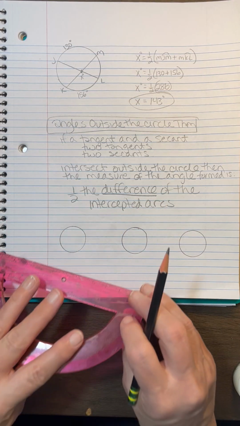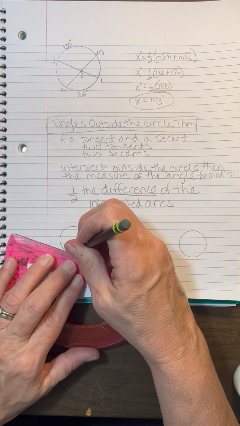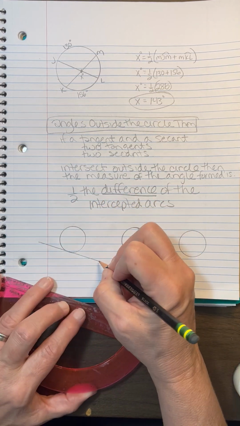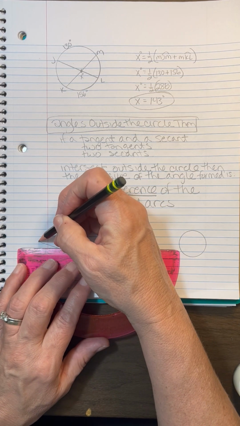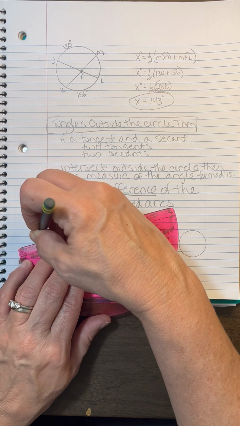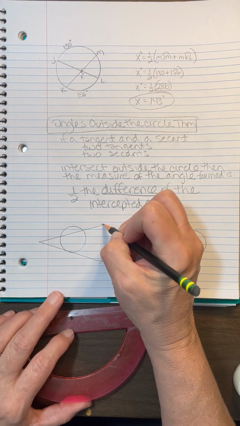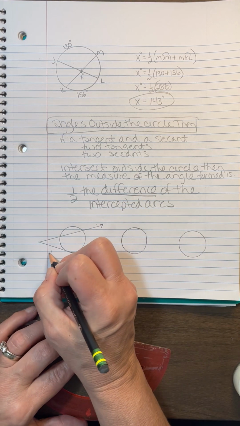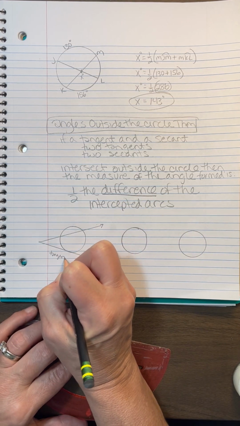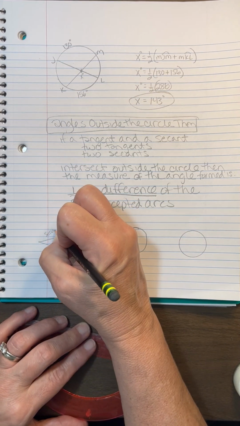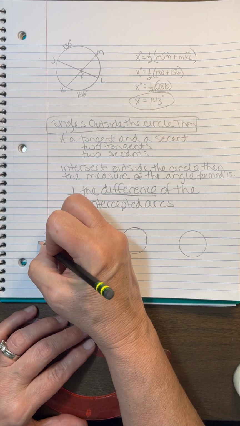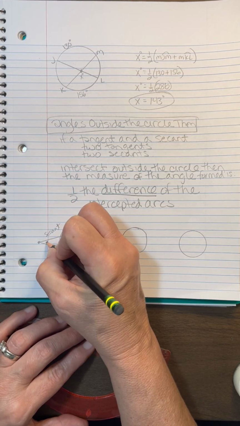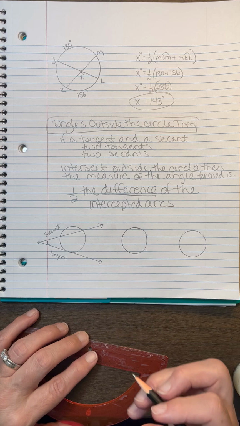So we could have a tangent and a secant. Remember, a secant comes from the outside, but it goes through the circle. So this is your tangent. This is your secant. We have an angle that's formed outside the circle, so we're going to name that angle 1.